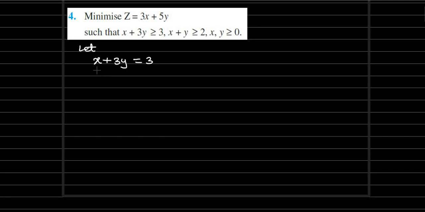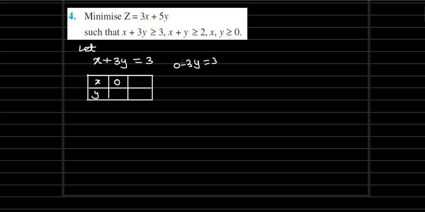To draw the line of x plus 3y equal to 3, a minimum of 2 points are required. If x equal to 0, then 0 plus 3y equals 3, so 3y equal to 3, then y equal to 1.